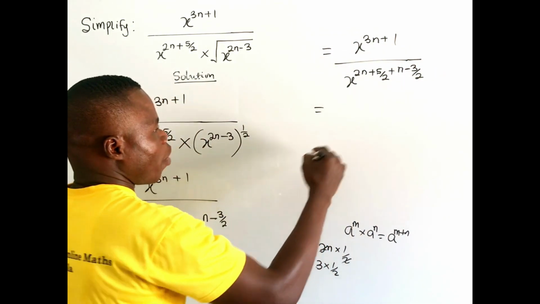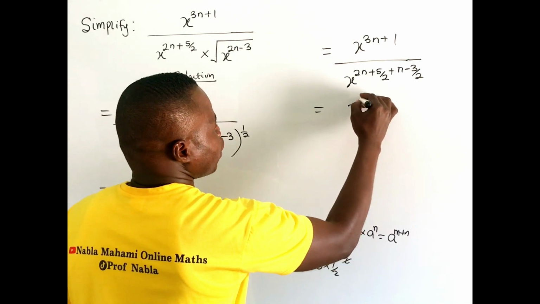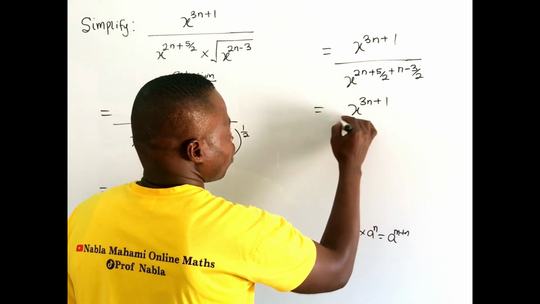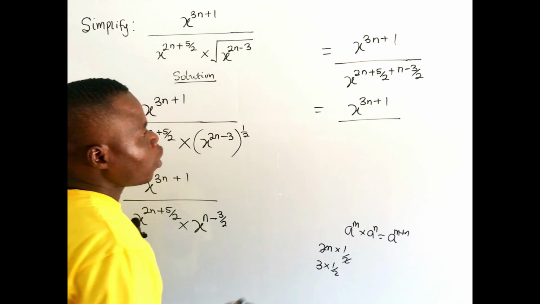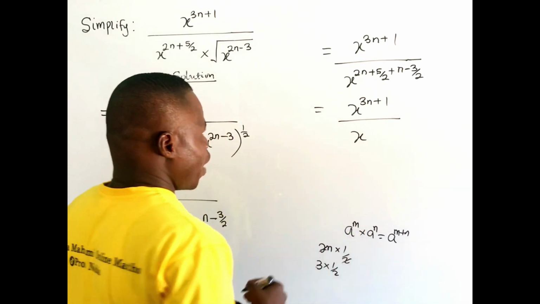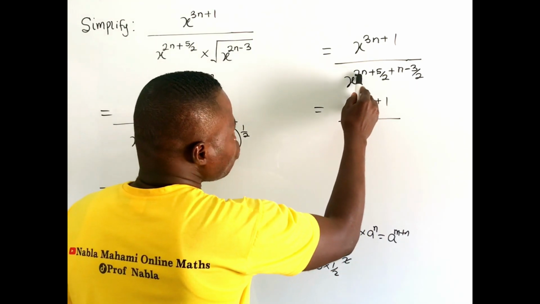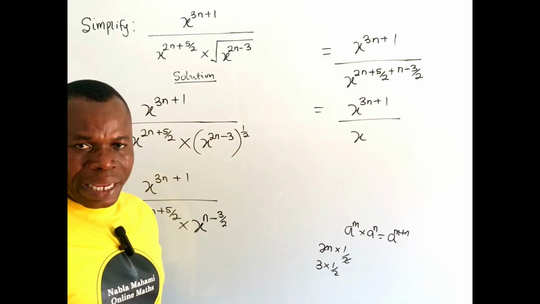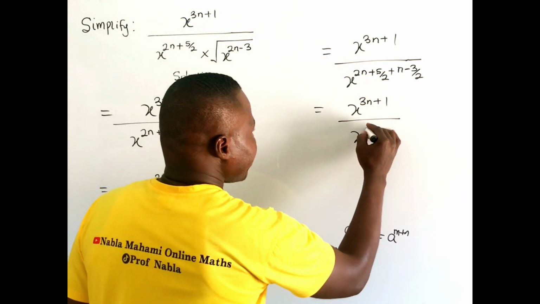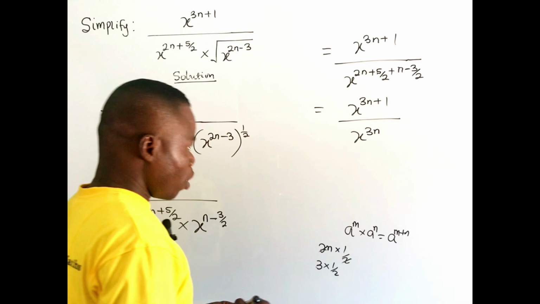To continue, I'll have x exponent 3n plus 1 all over x exponent 2n plus n will give me 3n.